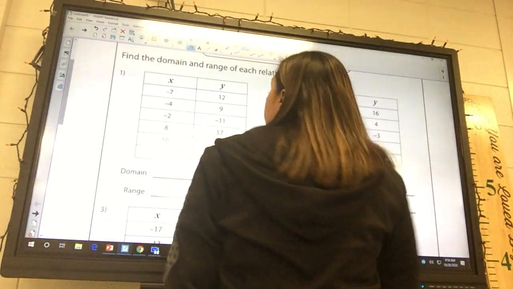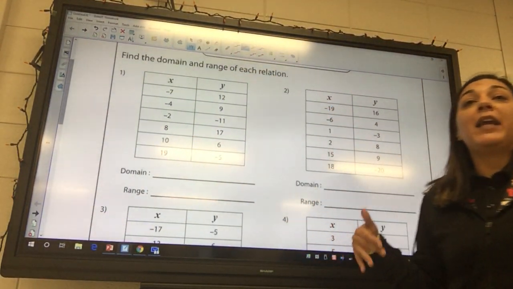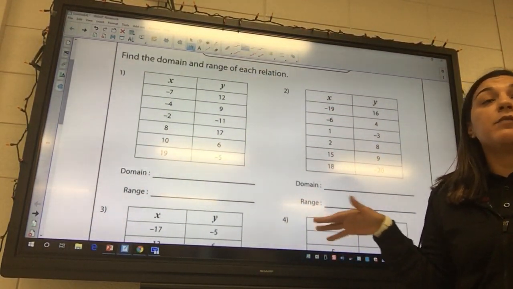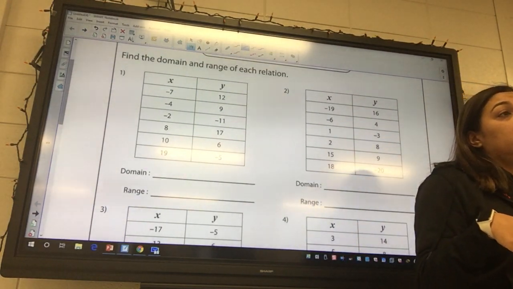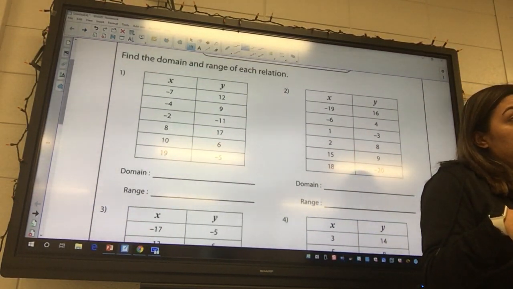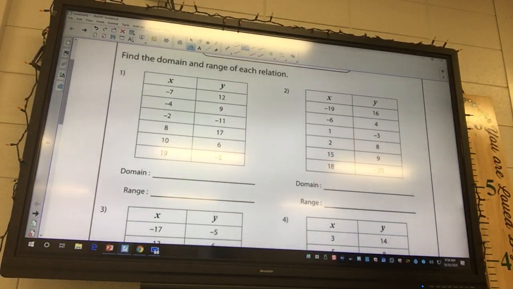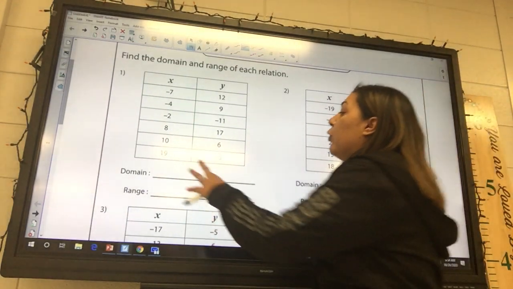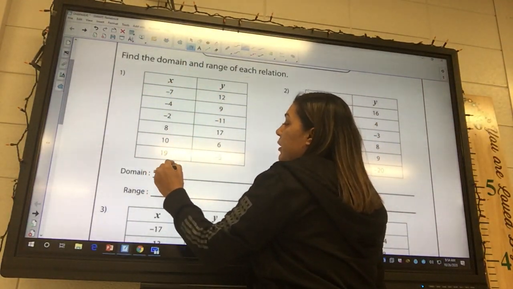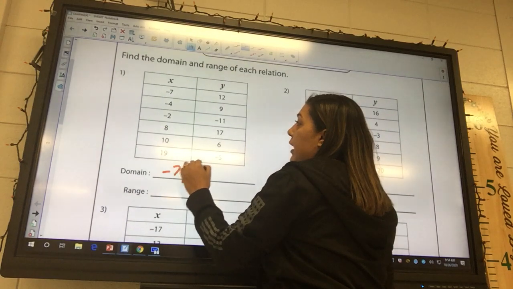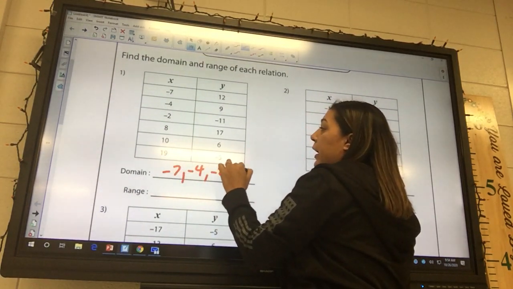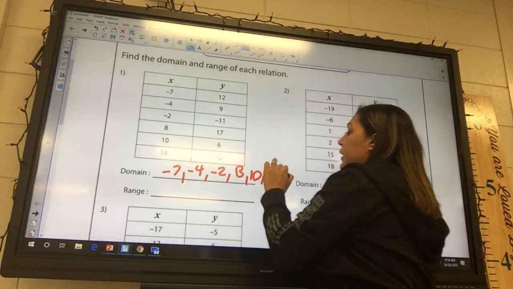So it wants you to find the domain. It's really simple to find the domain on a table. The domain for this table is just going to be -7, -4, -2, 8, 10, and 19.